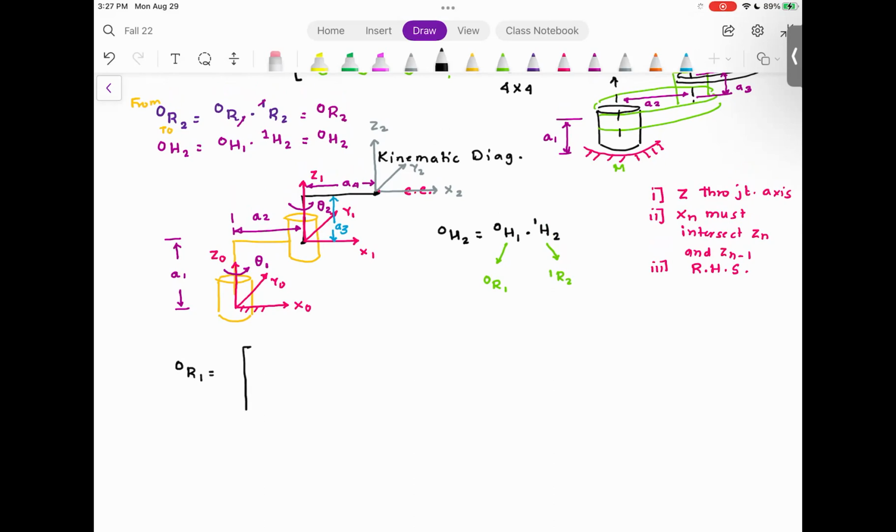And as you know, 0R1, what is it? Cosine theta 1, minus sine theta 1, 0, sine theta 1, cosine theta 1, 0, 0, 0, 1. Do you agree with me?